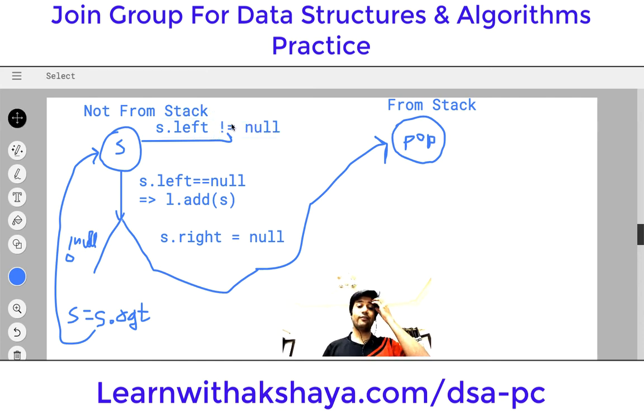What do we do if s dot left is not equal to null? Then we will have to deal with it, right? And how do we deal with it? We are actually going to do the same thing, right? When s dot left is not equal to null, we come to the left node, and we will perform the same thing that we did with this parent.